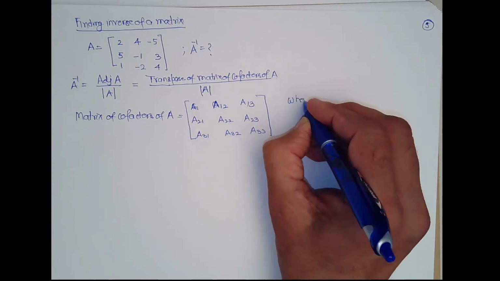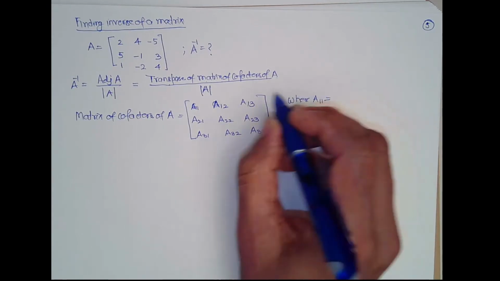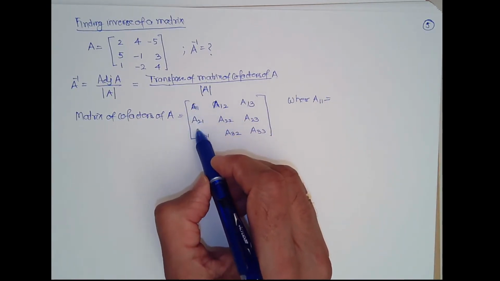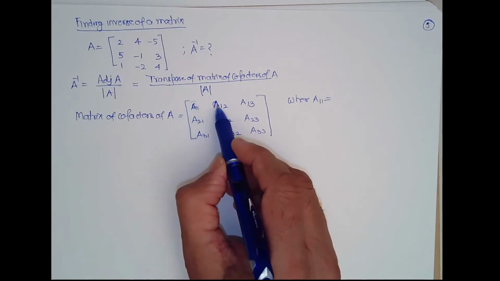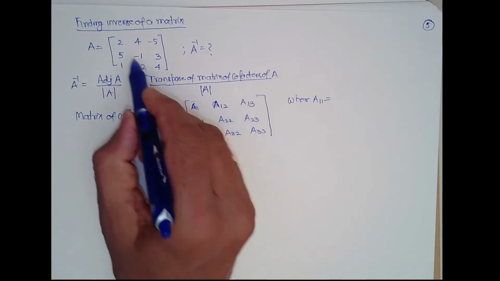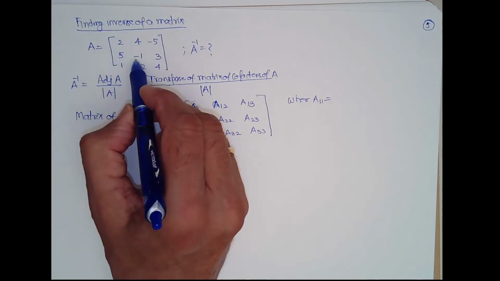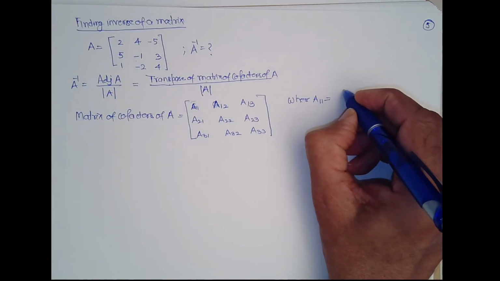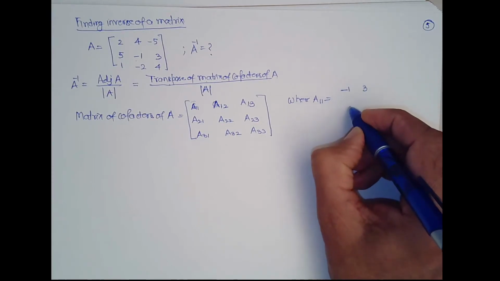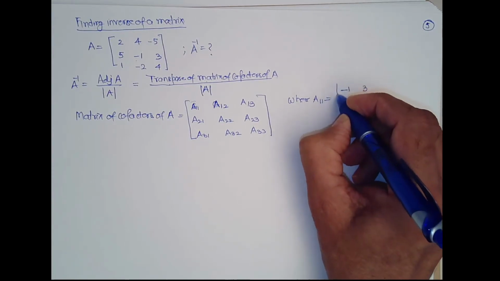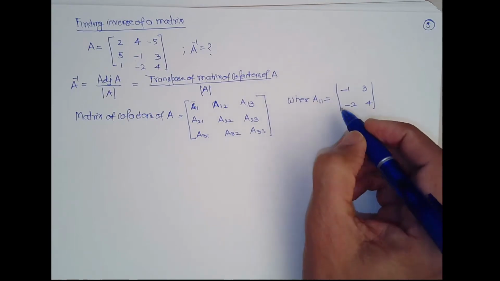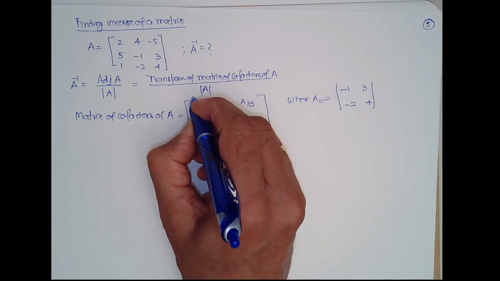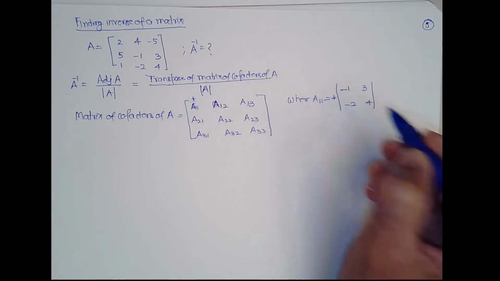A11 means pick up A11, cross the first row, first column. What is left is -1, 3, -2, 4. This is one matrix, right? And what should be the sign? Start with plus. So it is plus.